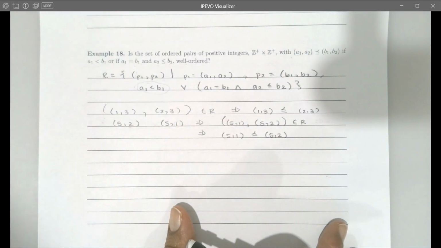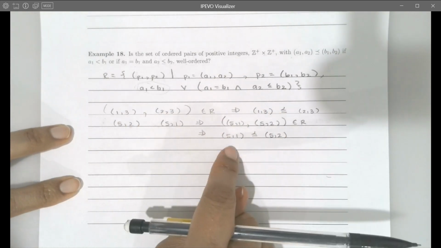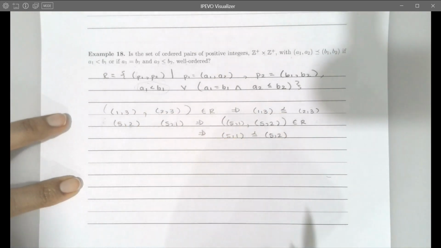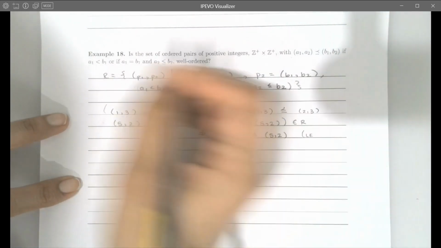Alright, so that's the relation that we're dealing with. By the way, this ordering of these elements is also called lexicographic ordering. We'll write it here.